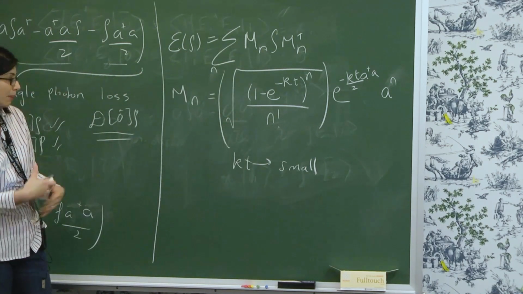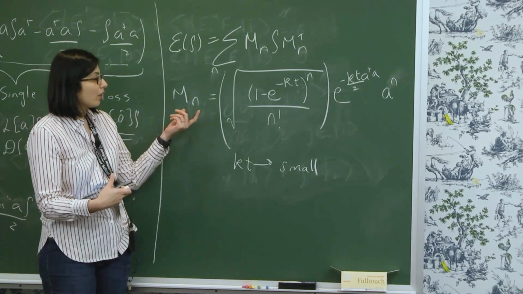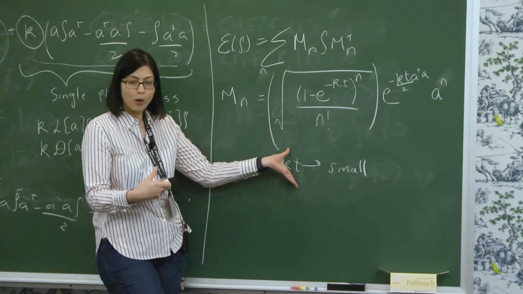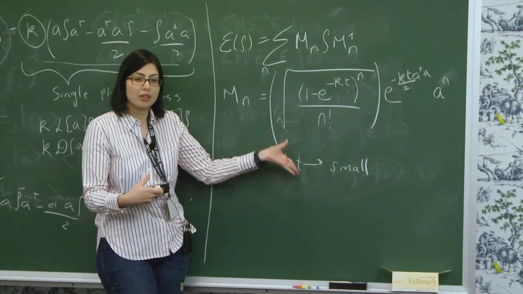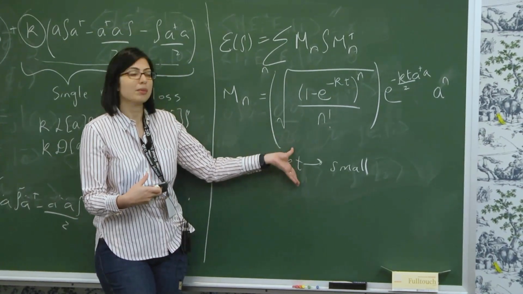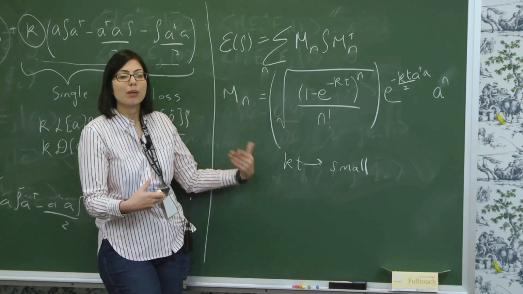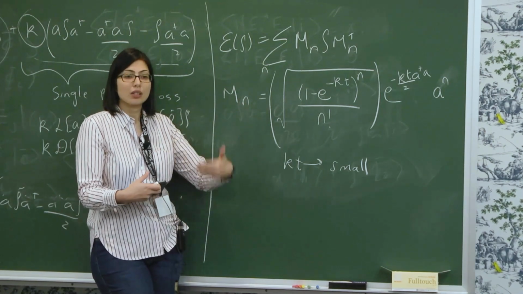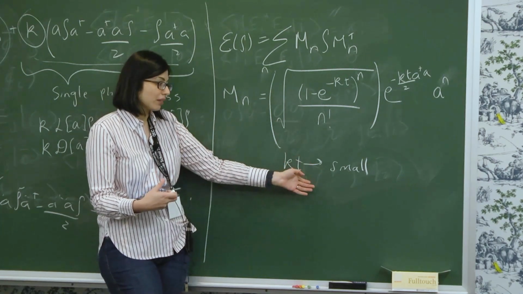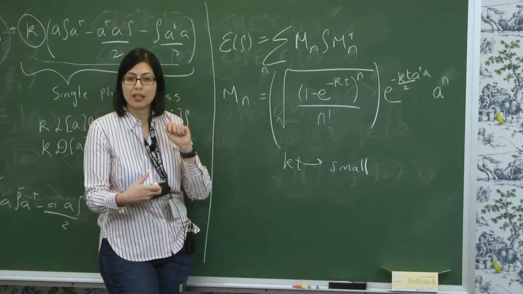In that limit, the important terms are m0 and m1, and then m2, m3, etc. decrease with kappa t to the power of n.